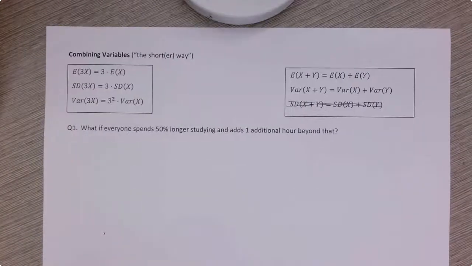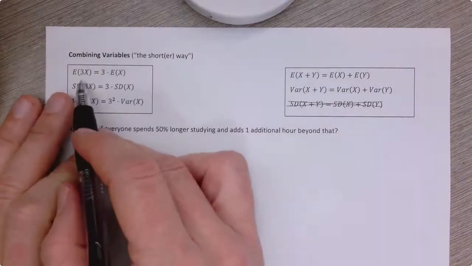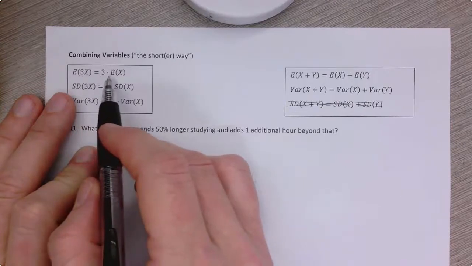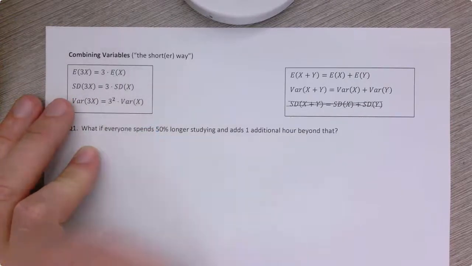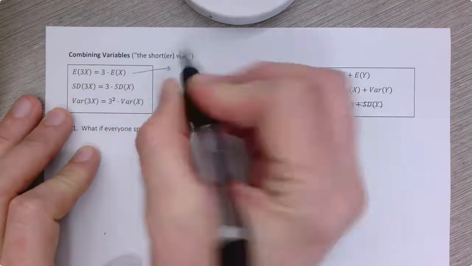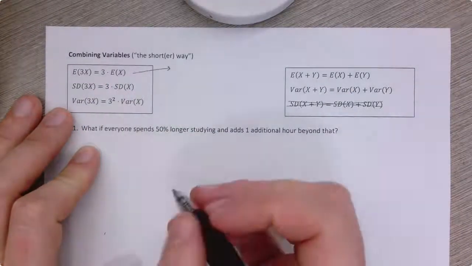Okay, so let's look at what all these simplification rules look like. Over here we're saying the expected value of 3 times a variable is the same as 3 times the expected value of that variable. And that's just like what we did on the other page. In Unit 1, we had a good way of thinking about this.